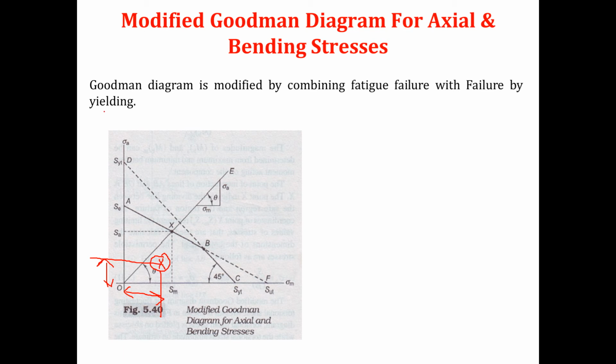But when we use the normal Goodman diagram, this is the normal Goodman diagram, and this is your yield diagram. Then in this region, BCF, if you take any point, say that point is X, it is clear from the diagram that this point is good to design in fatigue, but unsafe to design in yield.